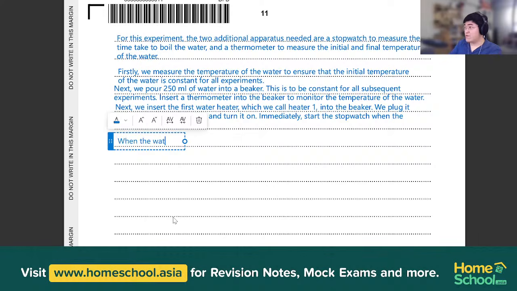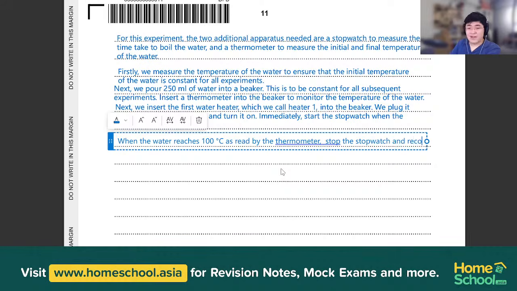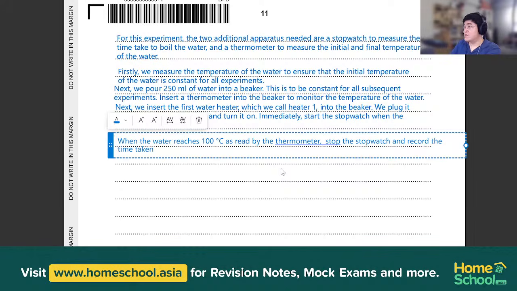So when the water reaches 100 °C as read by the thermometer, stop the stopwatch and record the time taken for the water to reach boiling point. Okay, so this is our next step.